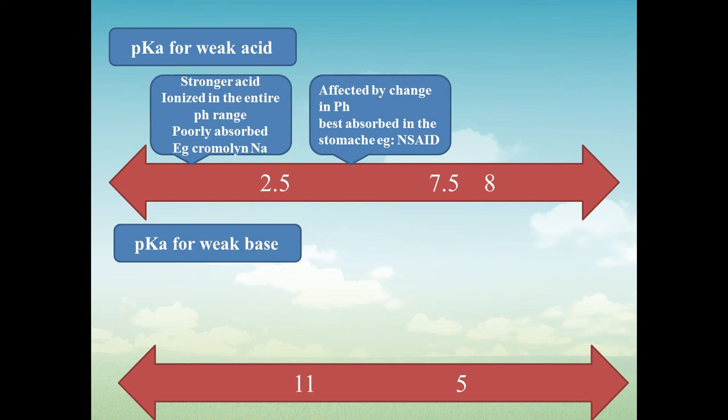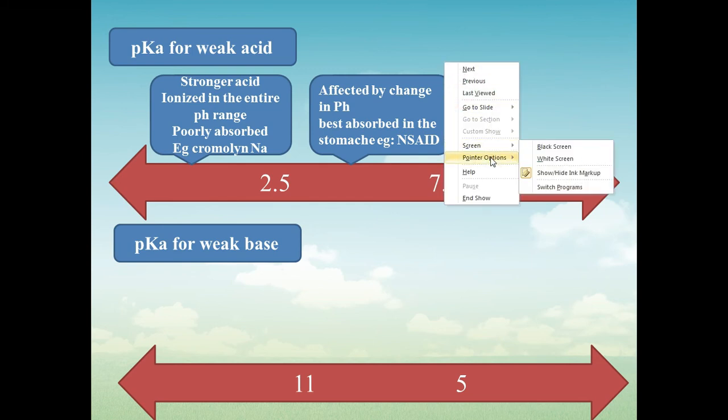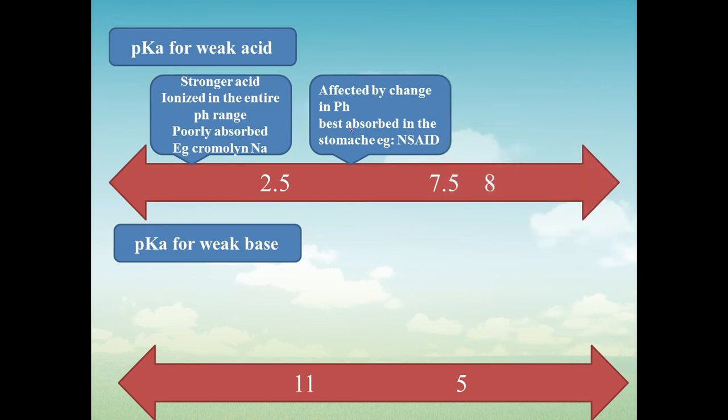Okay, these drugs are best absorbed in the stomach. So the pK of weak acids in the range of 2.5 to 7.5, the absorption of these drugs is pH dependent, meaning change in pH will alter the absorption of these drugs.